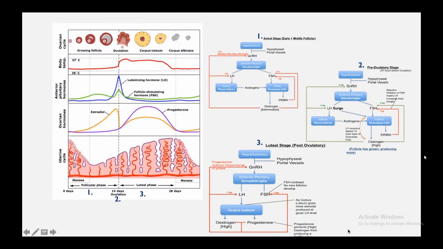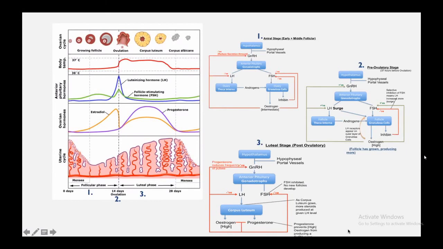As the follicle grows from day 1 to day 14, it secretes more and more estrogen, and when you have a high concentration of estrogen, it acts as a positive feedback mechanism, creating that LH surge. In turn, you know that inhibin inhibits FSH, and therefore you have an LH surge, but your FSH is controlled.